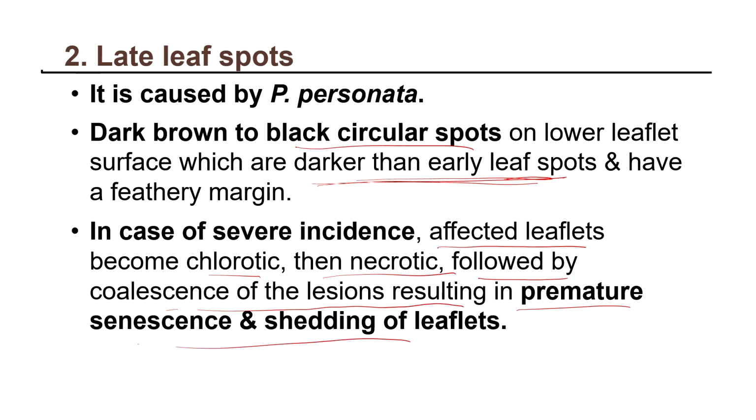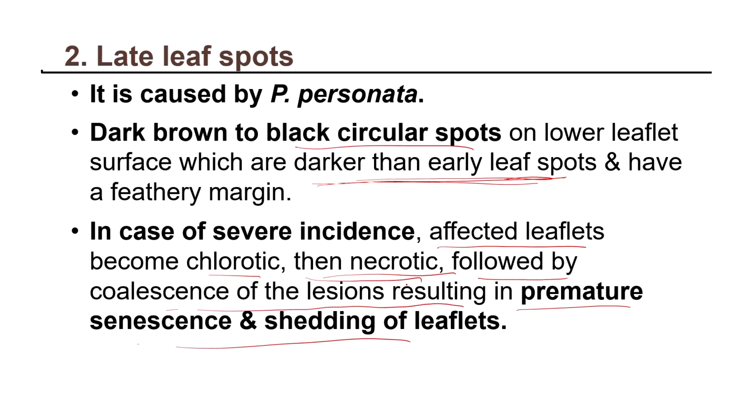So, this is quite interesting, and stage by stage you can remember the symptoms. First, the leaf will become chlorotic, means there will be loss of chlorophyll or yellowing of leaves, then necrotic, then those areas will die, and followed by coalescence, means the lesions will merge into each other, resulting in premature senescence, means maturity, and shedding of the leaflets.